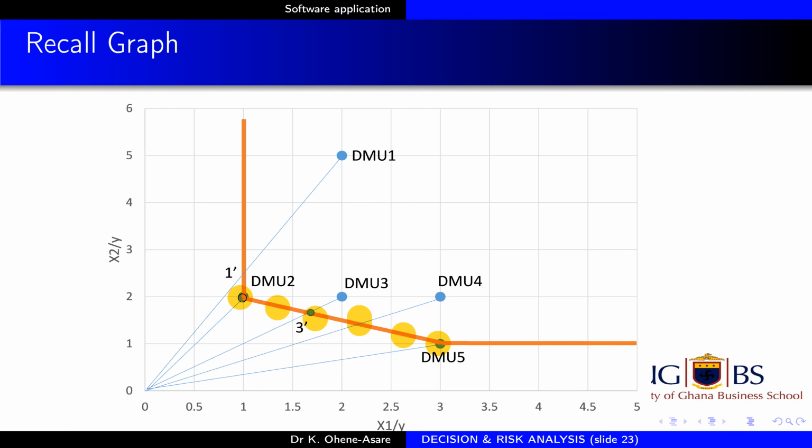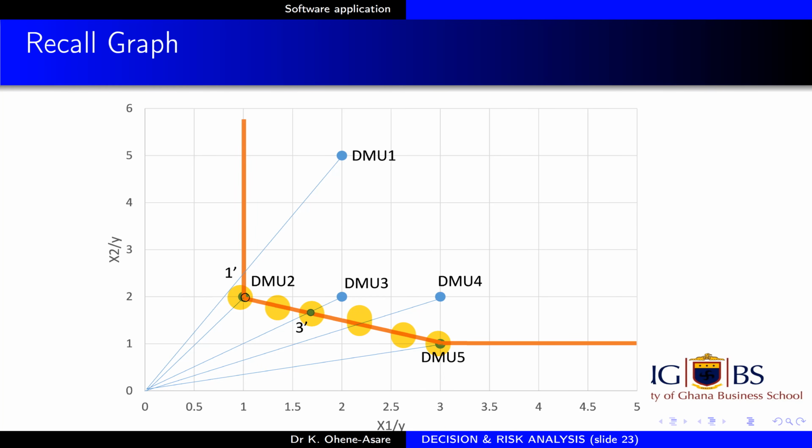So as long as you are a peer, you are automatically a target to some firm. But it doesn't necessarily mean that if you're a target, you're a peer. Because if you look at this section, 3 prime here is a target for DMU3. But that portion here is not a real DMU, because the real DMUs are the ones that are actually labeled with peers. Does it make sense now?